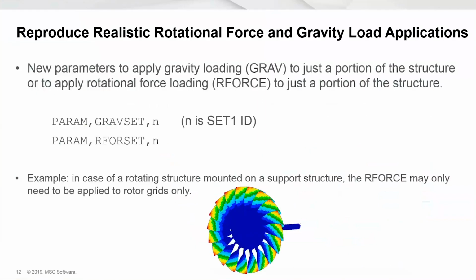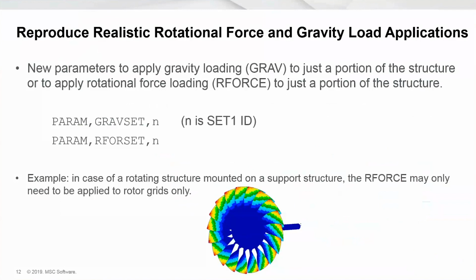We added new parameters to apply gravity loading to just a portion of the structure or to apply the rotational force loading, R force, to a portion of the structure. These parameters are PARAM GRAV SET N and PARAM R FORCE SET N, where N is a SET1 ID.